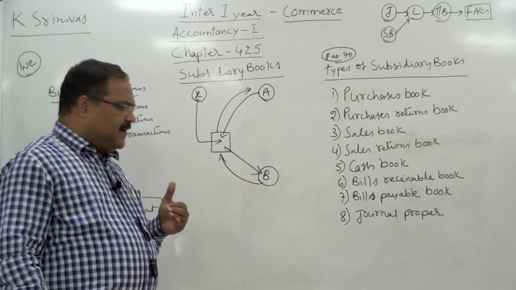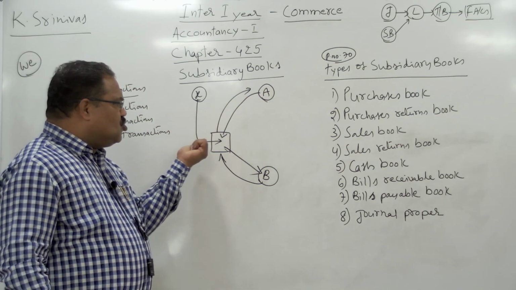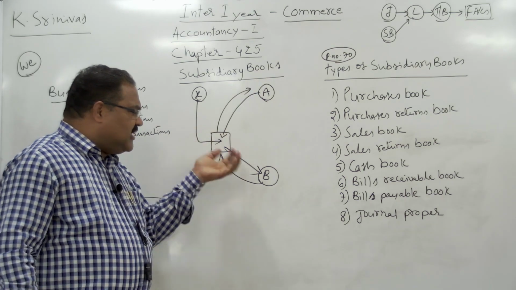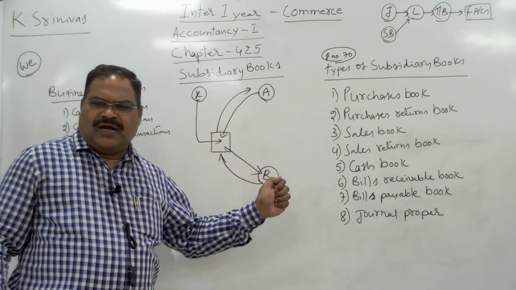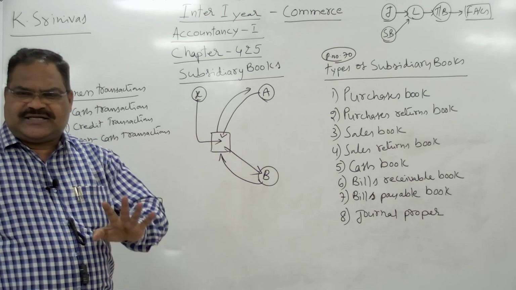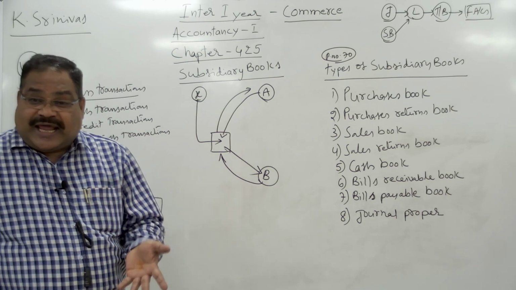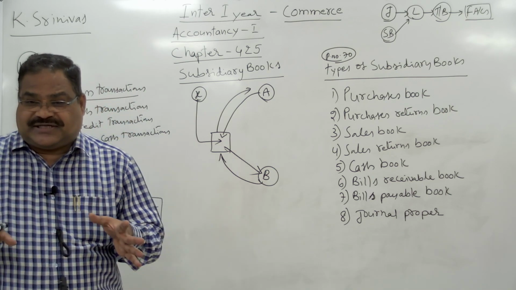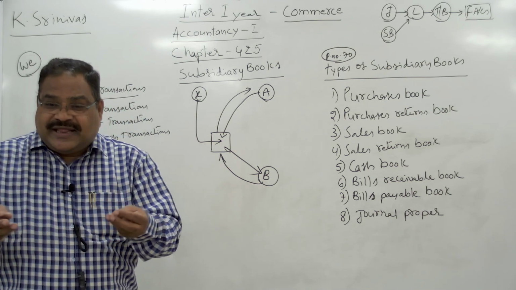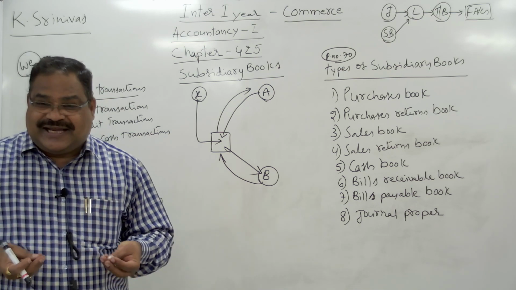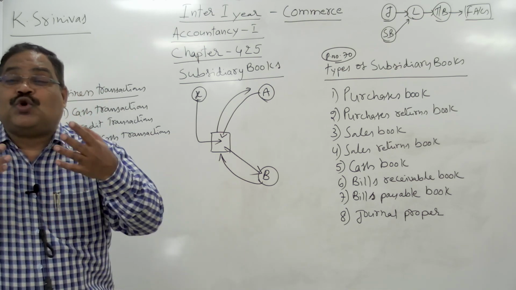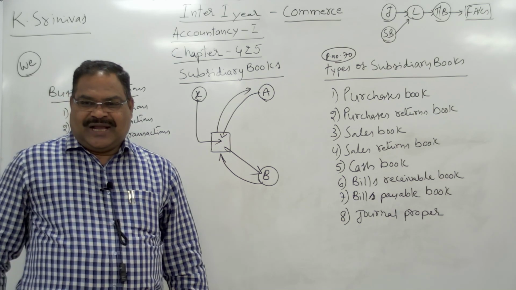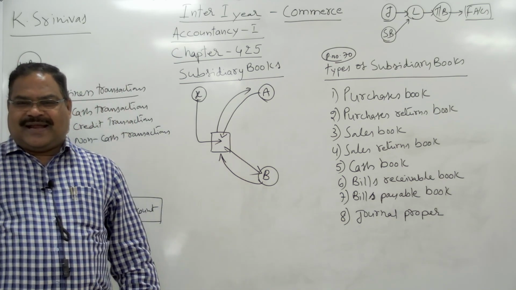Okay, once again. We purchased goods and paid cash. We have received cash and handed over goods. It is called a cash transaction. Likewise, in the business organization, we have so many employees. They are going to work, and we are going to pay salary. Salary should be paid in cash only. We are going to get the electricity bill every month.